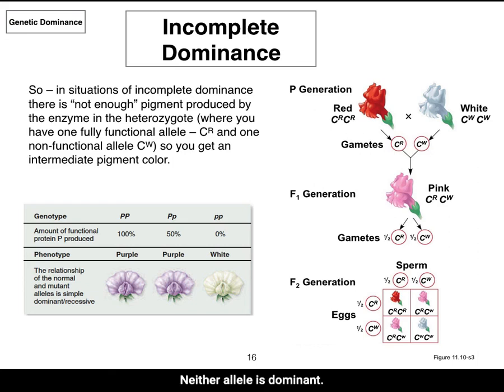Neither allele is dominant, so rather than using upper and lowercase letters, we use the letter C with a superscript to indicate an allele for the flower color. So C superscript R for red and C superscript W for white.